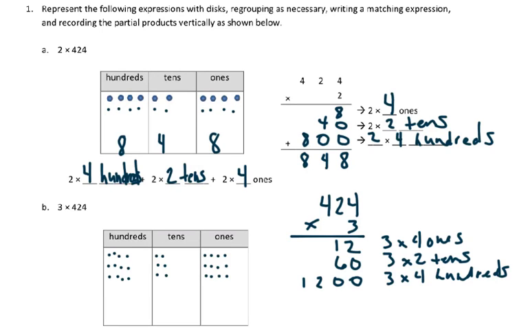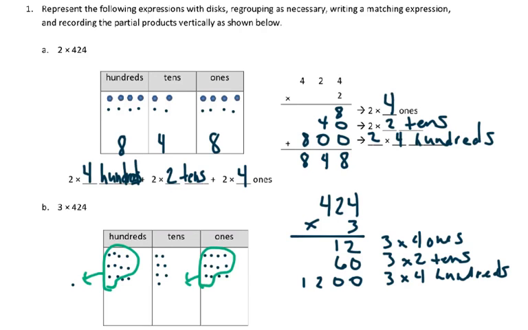Now I'm going to be regrouping, so I have this group right here. That becomes a 10. I don't have anything to regroup in my tens place, but I do have to regroup for my hundreds. That column isn't there, but it would be the thousands, so I'm just going to write thousands right here.